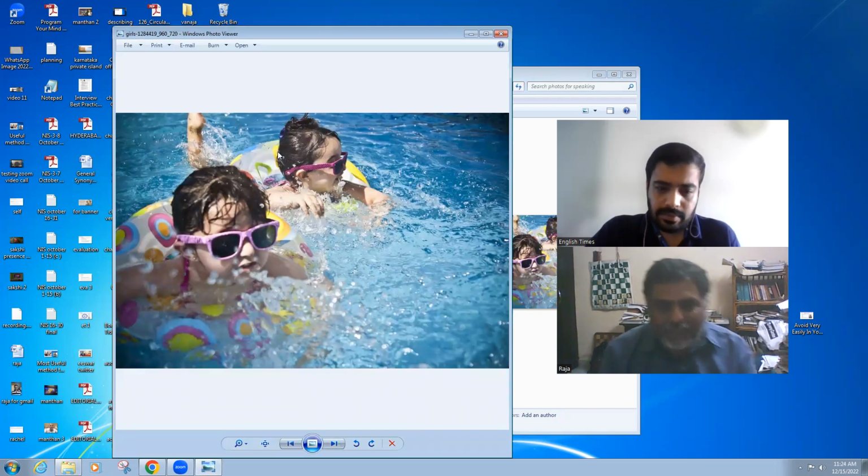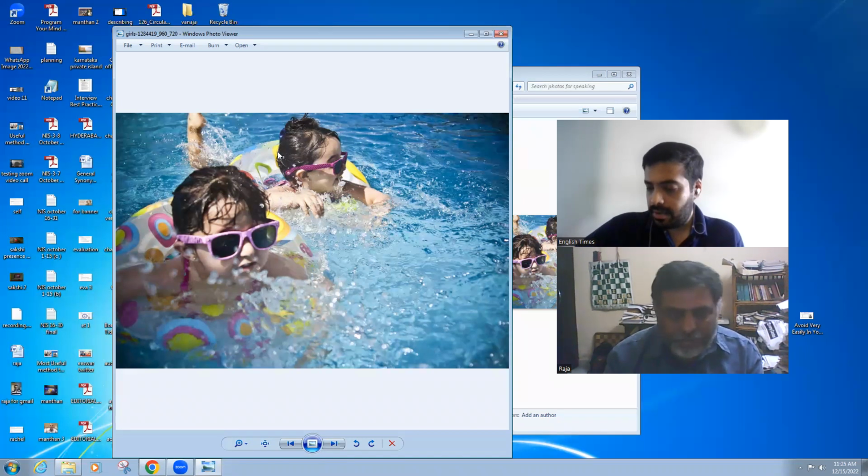After watching this photo, it appears that these two kids are learning swimming, usually under the guidance of their parents.